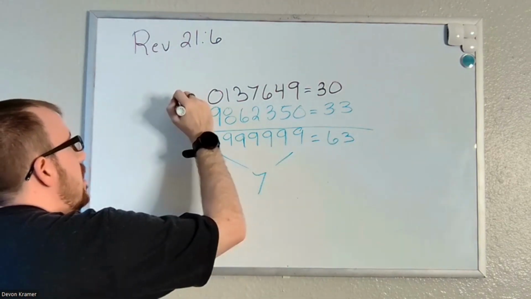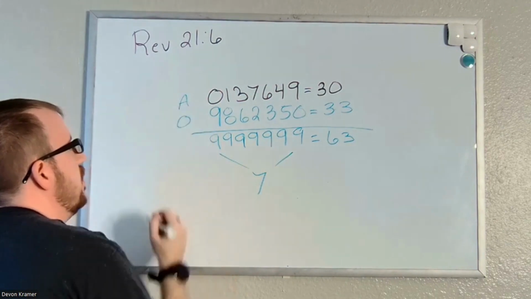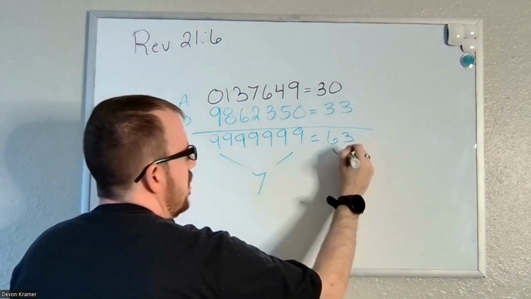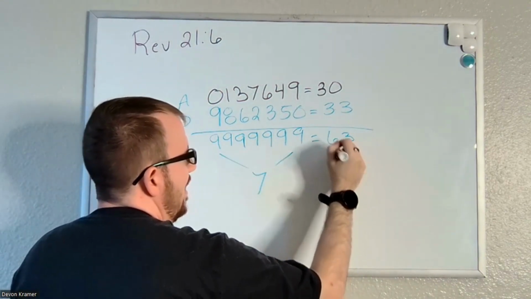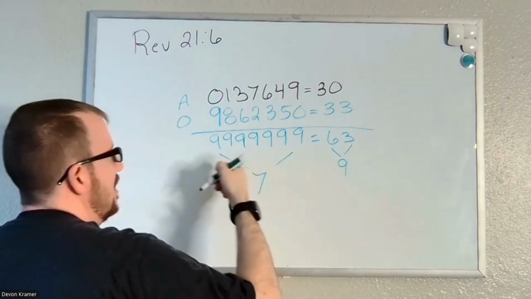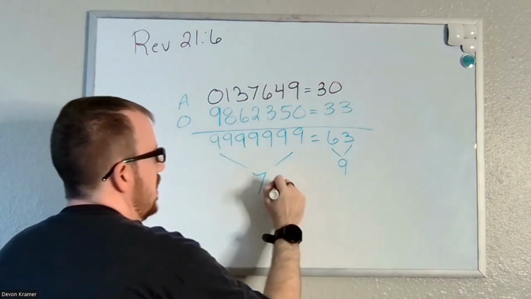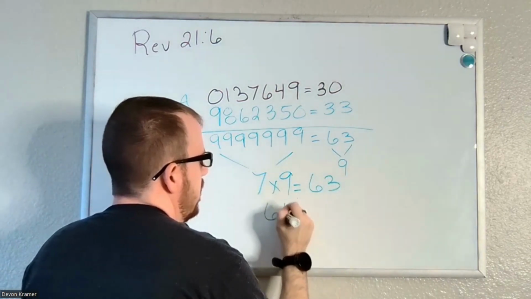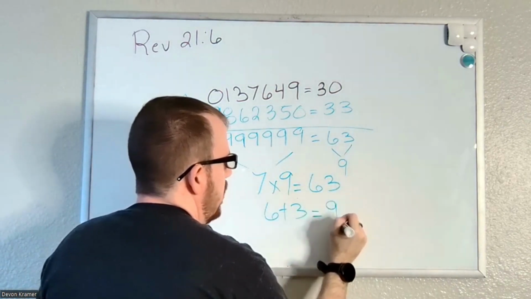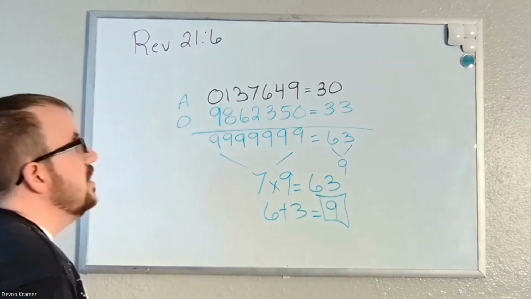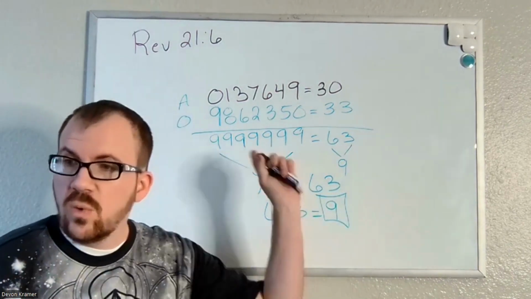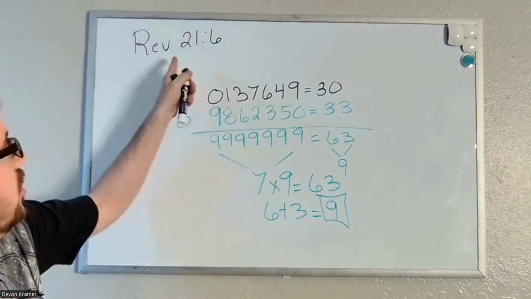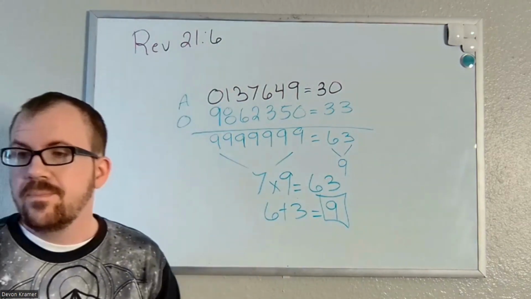This is the alpha, this is the omega. And of course, the ultimate understanding is going to be 9, because 9 times 7 is going to give you 63, and 6 plus 3 is always going to take you back to 9. 9 is the container that holds everything in it, which is why it's in Revelations 21:6. 2 plus 1 plus 6 is going to be 9.